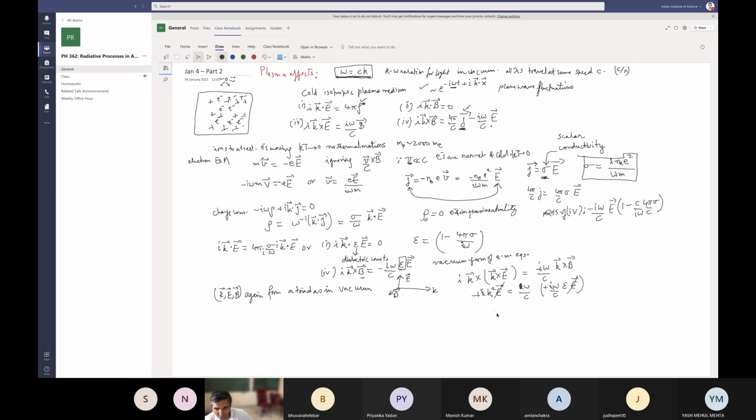We get omega squared epsilon is equal to c squared K squared. This is our dispersion relation in the presence of plasma effects.